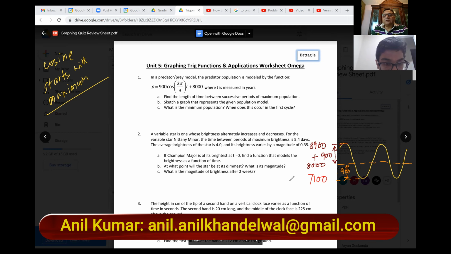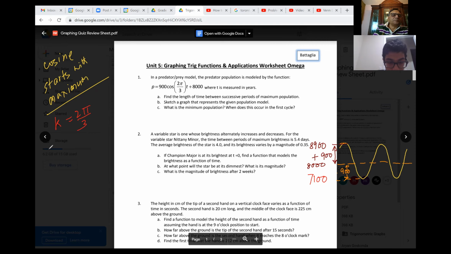Now we are talking about the time period t. So when it says that the k value is equal to 2 pi by 3, from here we can find the time period, right? So time period is 2 pi by k, which is 2 pi by 2 pi times 3.